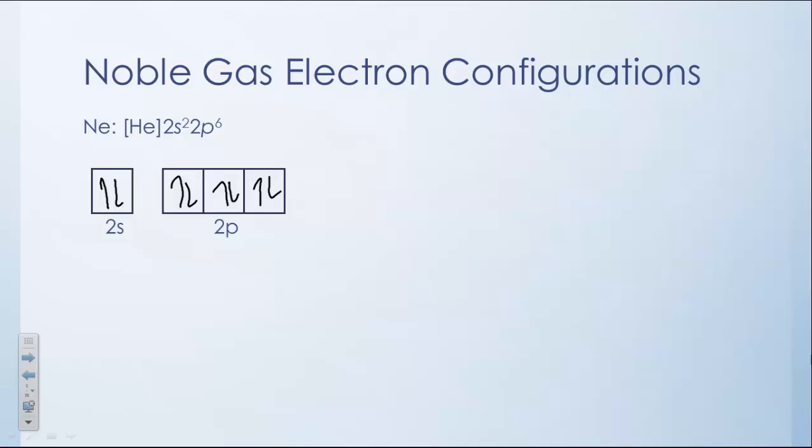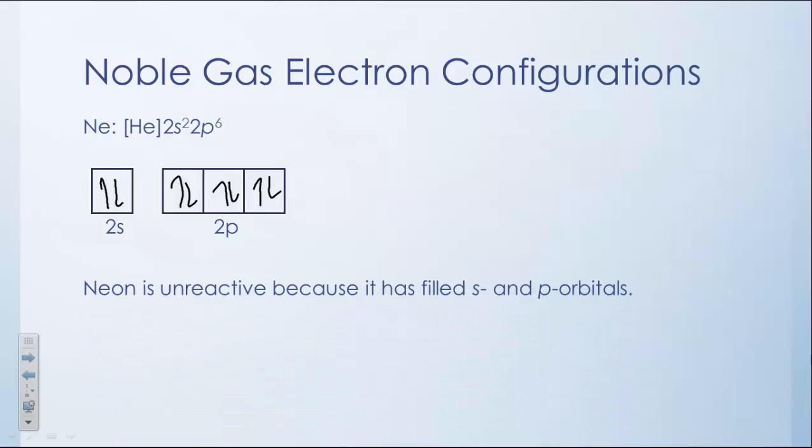And so what this means is that we have a filled valence electron count. This is the reason why neon is so inert, in that it has no ability or no tendency to react simply because its s and p orbitals are filled.